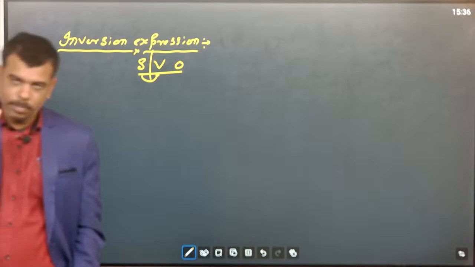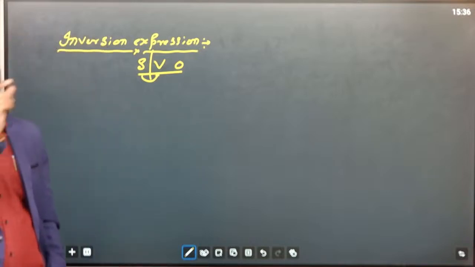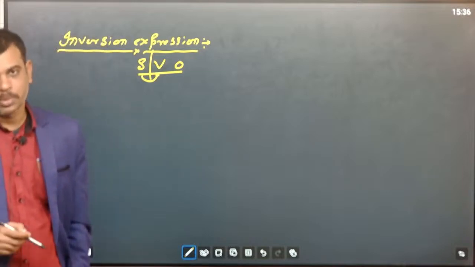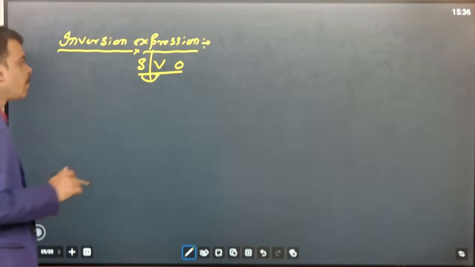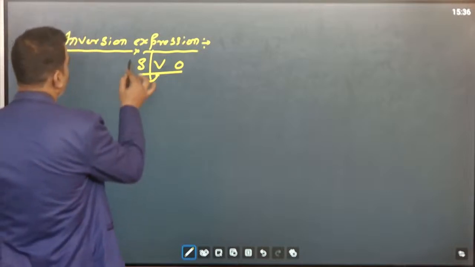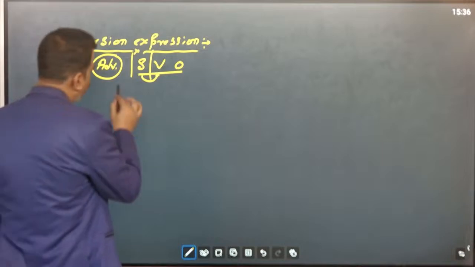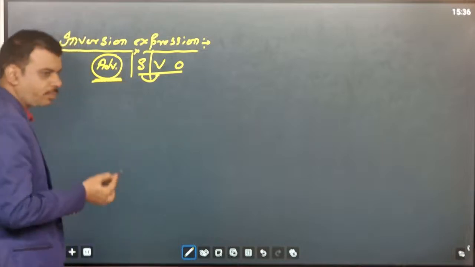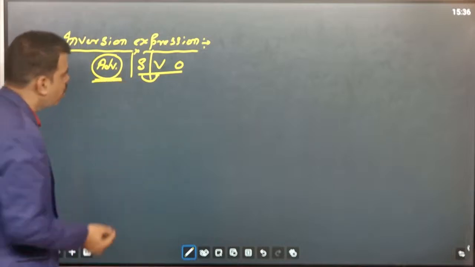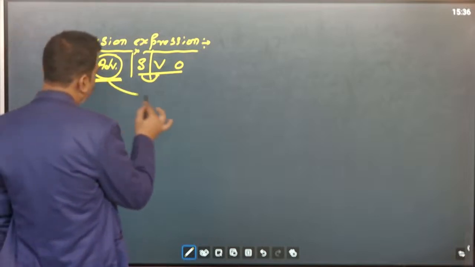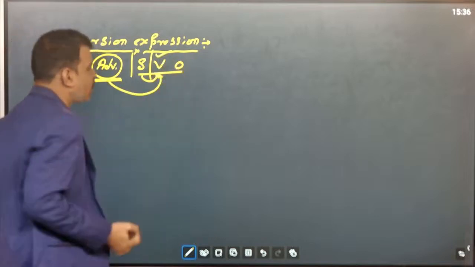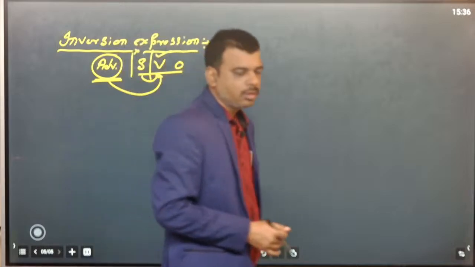So the verb is closely associated with the subject, but here we find an adverb before the subject, and naturally the adverb is automatically associated with a verb.